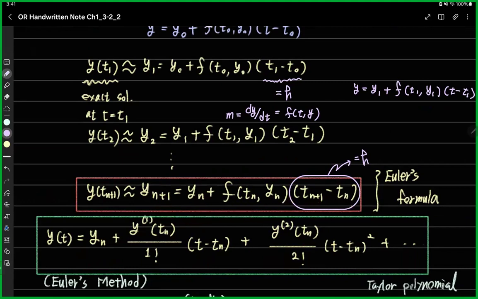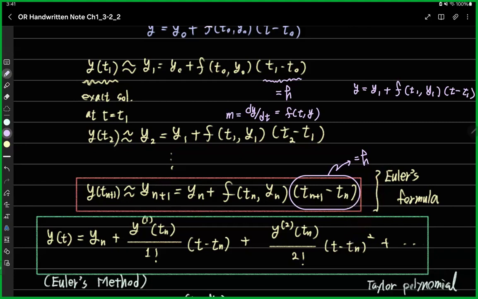It's the Taylor series of y centered at t sub n, evaluated at t sub n plus 1 and cut off at the second term.